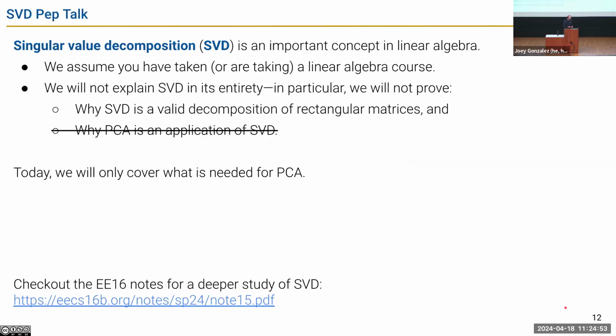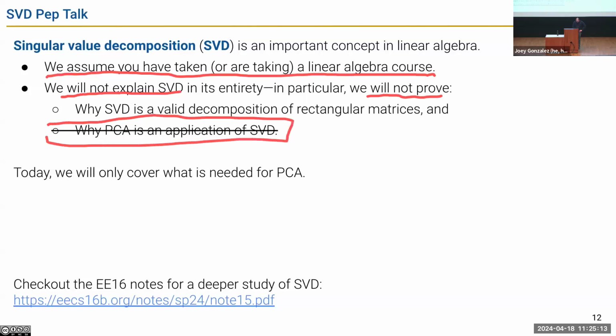It's a very important concept. We assume you've taken some linear algebra or are taking it now, so hopefully some of these vector ideas are starting to make sense or will make sense in the next week or two. I will not explain SVD. I really wanted to, but we don't have time for it and you'd be confused. And I'm not going to prove stuff about SVD, except I might prove why it's related to PCA, because we can do that now. We have the tools.